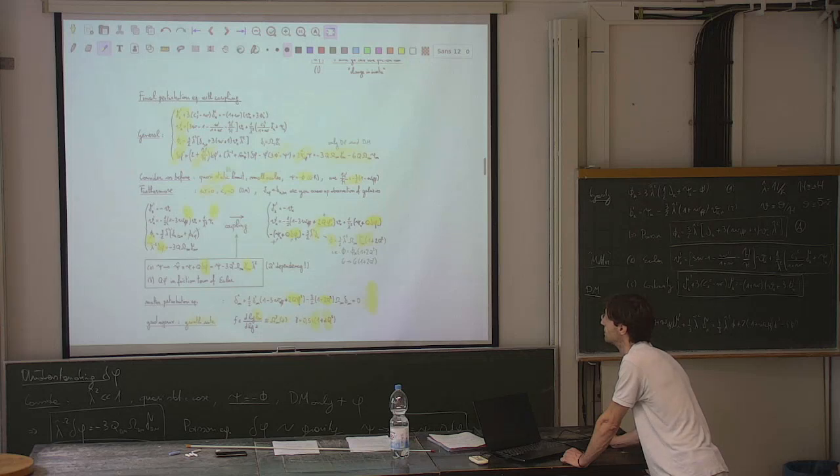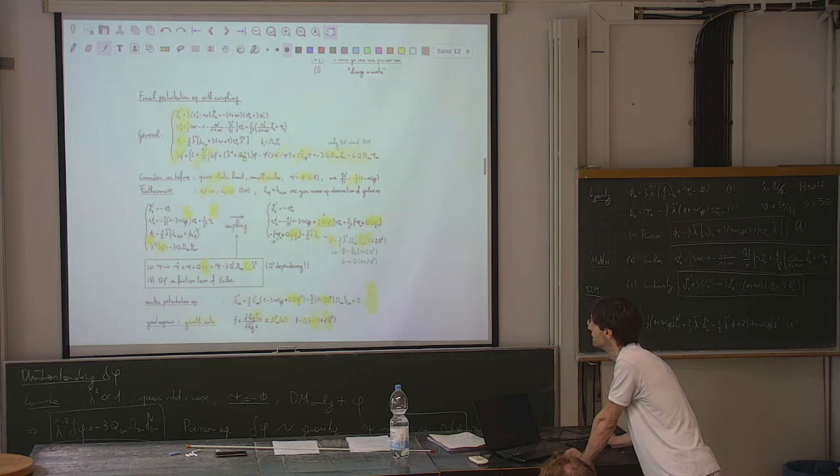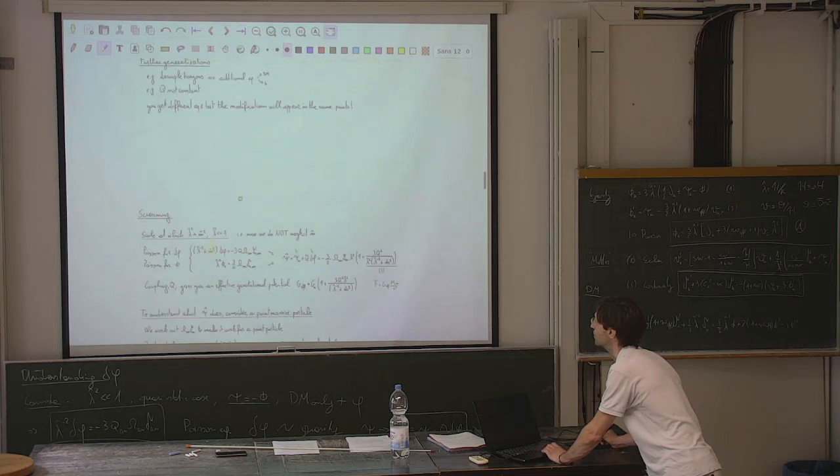We neglected this term because it's much smaller than this one, and we also neglected this M. But what happens when the mass of our scalar field is of the order of lambda to the power of -1? We cannot neglect it anymore.